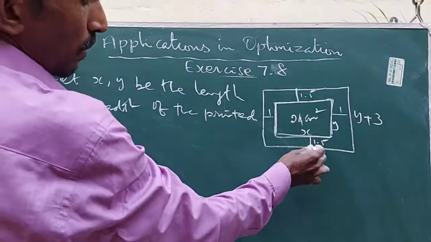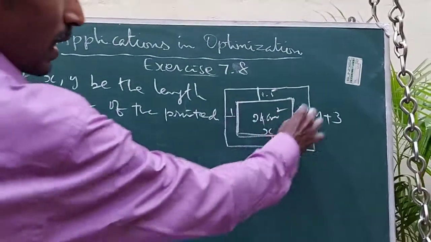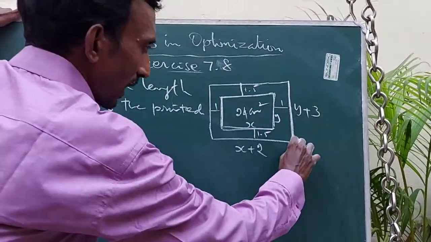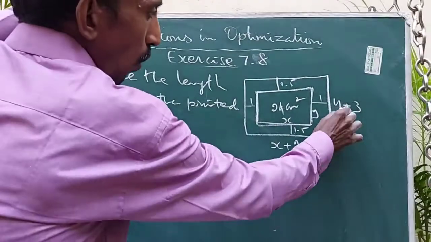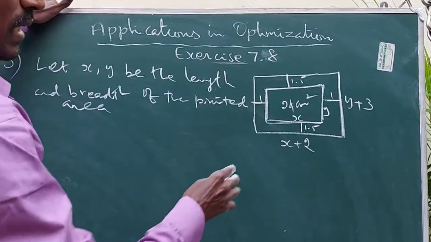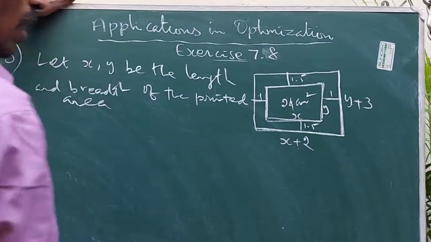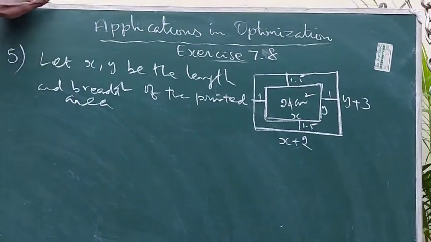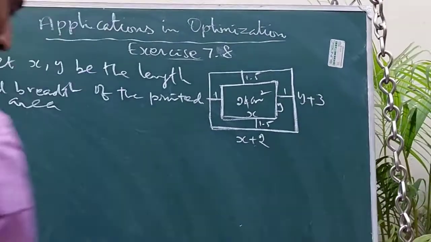The top and bottom margins are 1.5, so 1.5 plus 1.5 is 3. So the breadth of the outer rectangle, the paper page, is y plus 3. The left and right margin is 1 centimeter each, so the length is x plus 2, since 1 plus 1 is 2. So the given page is of length x plus 2 and breadth y plus 3.